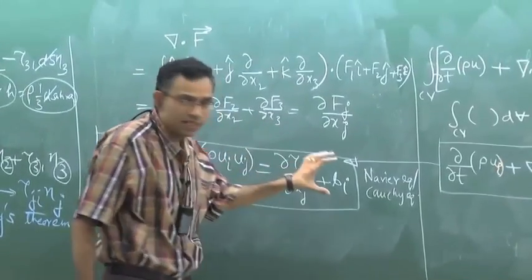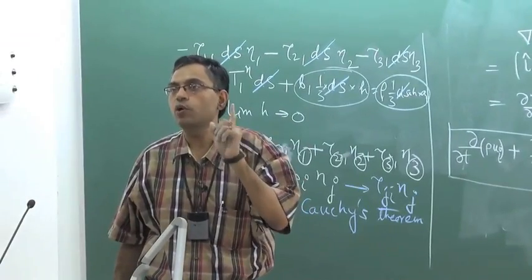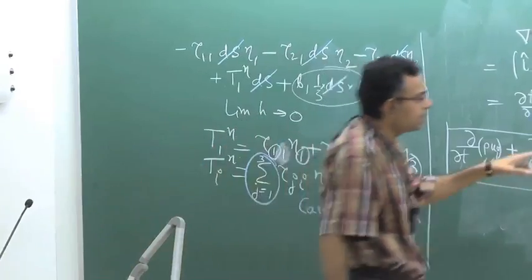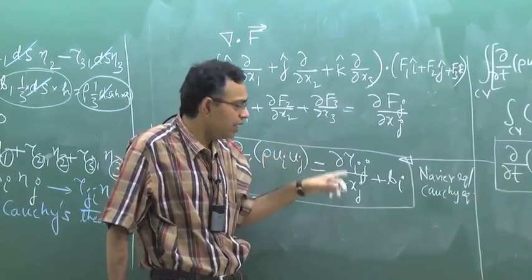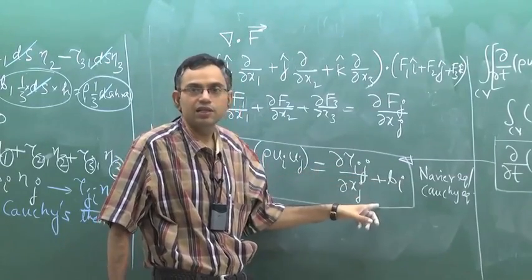So it is pretty general, but one very important assumption is that there is no body couple, because if there is any body couple, then tau ij is not equal to tau ji. So the only and the most important assumption that goes behind this equation is that there is no body couple.